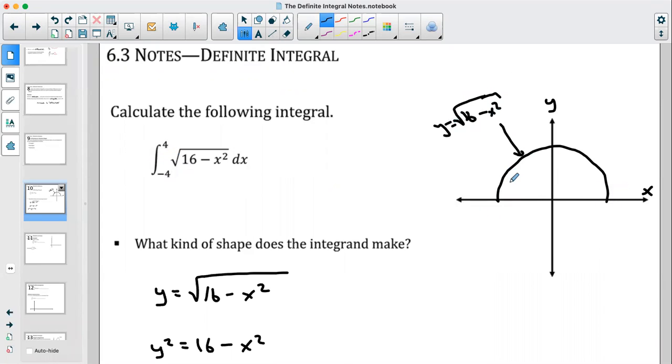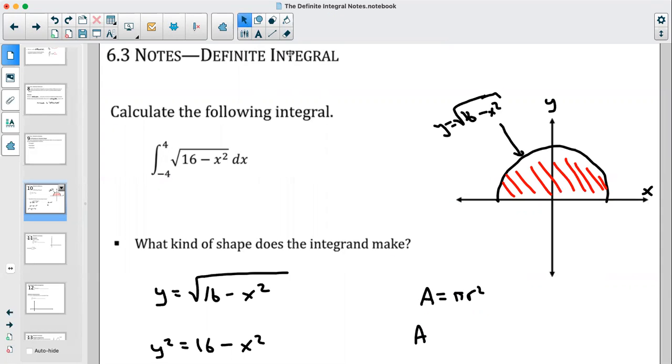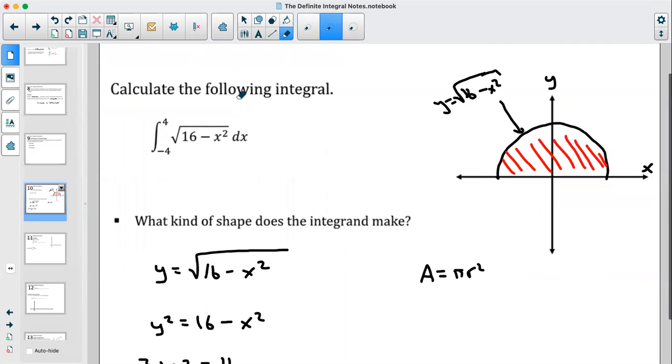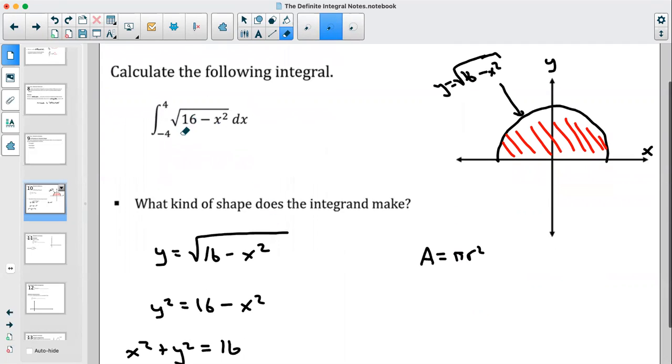So this area here is half of a circle. I know how to find the area of a circle: pi r squared. I know that this definite integral is equal to the area here.